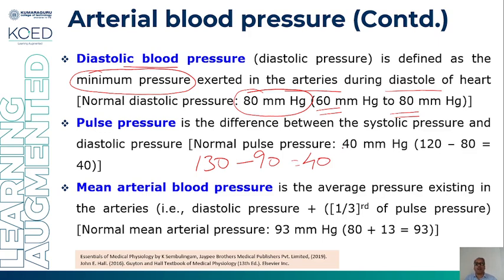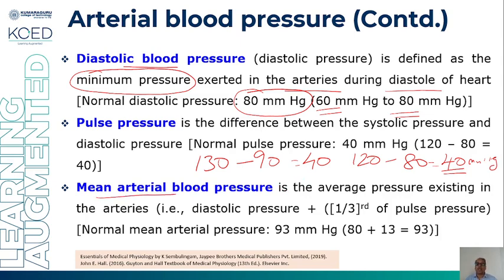Similarly, the normal blood pressure is 120 over 80. So the systolic pressure is 120, the diastolic pressure is 80. When you get the difference between systolic and diastolic, you get 40 mmHg, and this is pulse pressure. So pulse pressure is nothing but the difference between the recorded systolic and the recorded diastolic pressure.